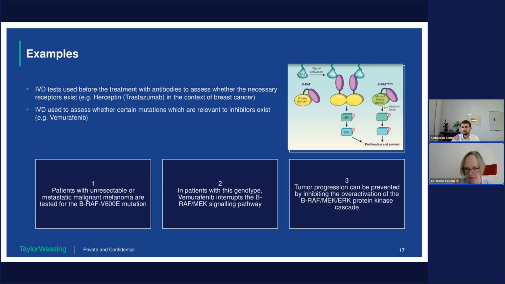Or the second example, you may look at the picture at the right-hand side, where the IVD is used to assess whether a certain gene mutation can be found in the human body, and only the patients that have this gene mutation, which is here called BRAF V600E in this example, can profit from the therapy, because there the medicinal product was able to interrupt a certain signal reaction and thus the growth of the tumor.